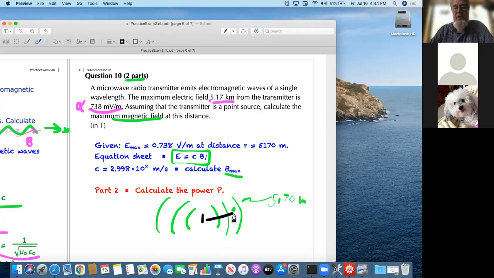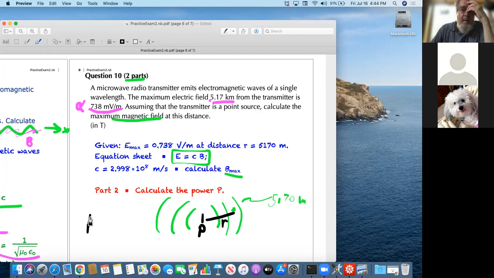And you go out to a distance here, R, which is given. What's the total power being produced by WKAR? Well, maybe you remember the power spreads out over a circular wave. That's why it says it's a point source. It's a point source, so you have circular waves going out.